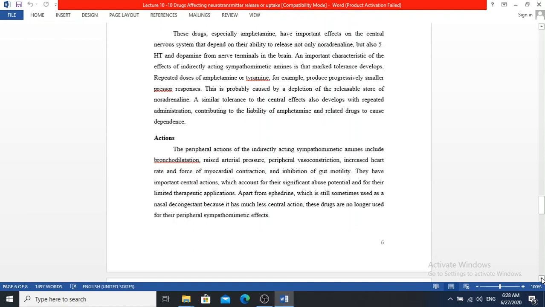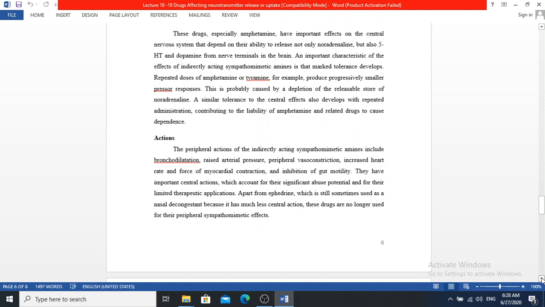The peripheral actions of the indirectly acting sympathomimetic amines include bronchodilation, raised arterial pressure, peripheral vasoconstriction, increased heart rate and force of myocardial contraction, and inhibition of gut motility.